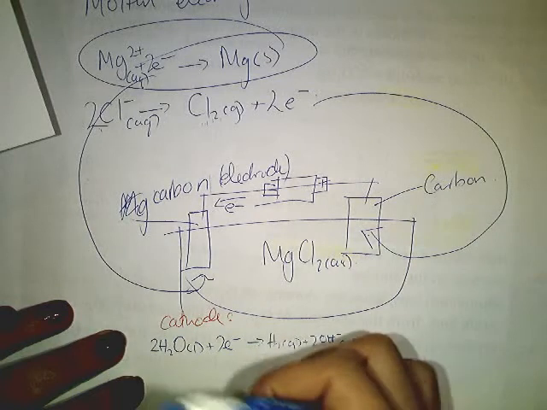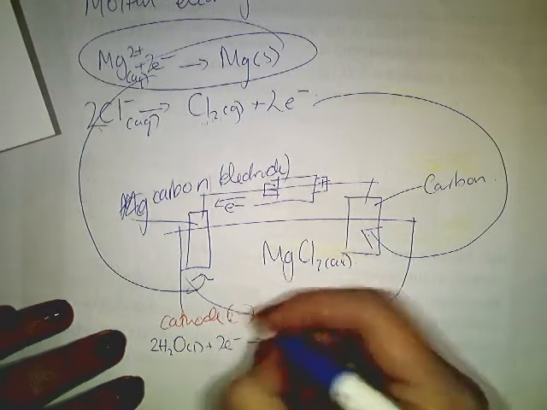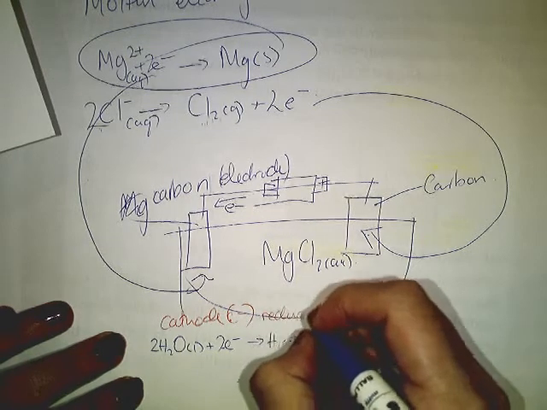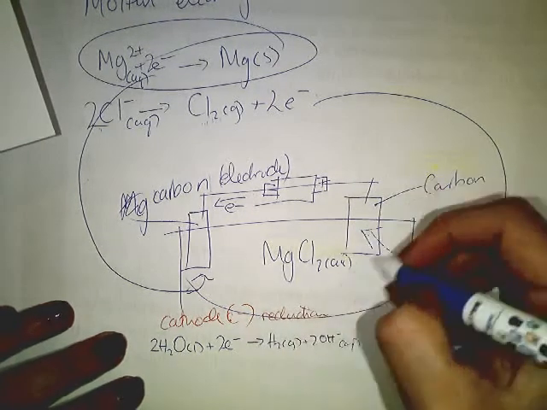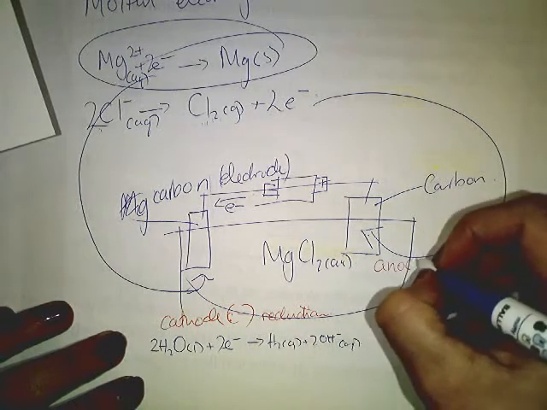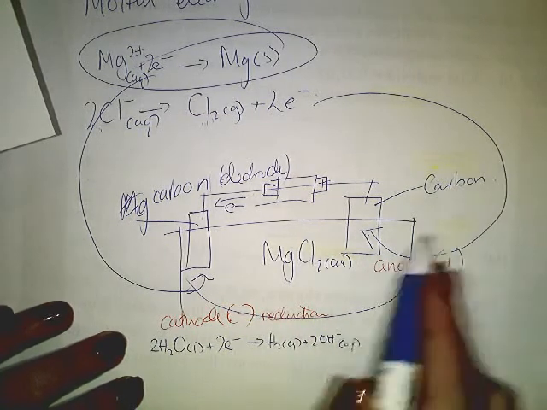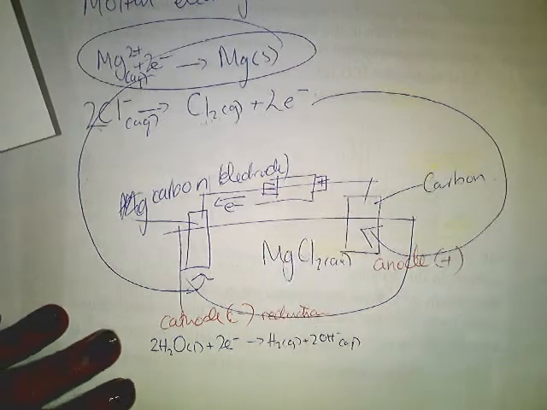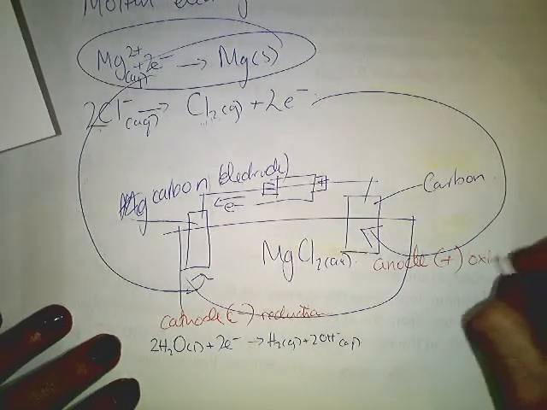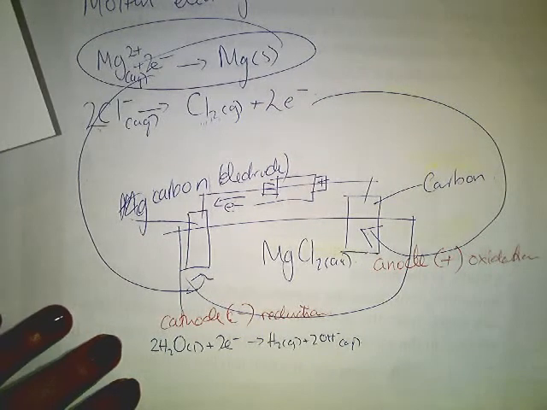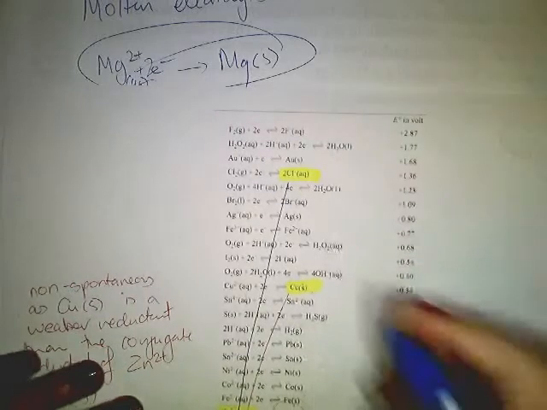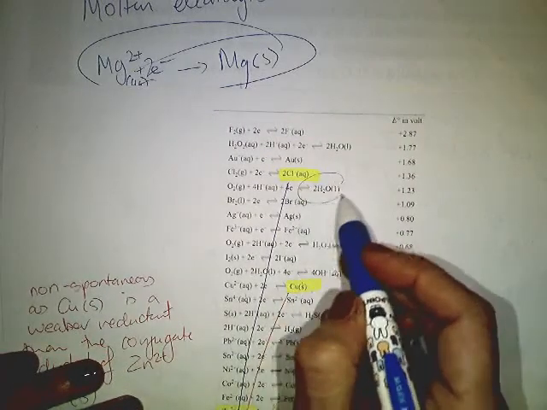Now the cathode is negative because it's connected to the negative terminus of the power supply, and it's still where reduction is occurring by definition. Then the anode is positive because it's connected to the positive terminus of the power supply, and it is oxidation because by definition oxidation occurs at the anode. But you actually have water which is competing as well, which is a stronger reductant.